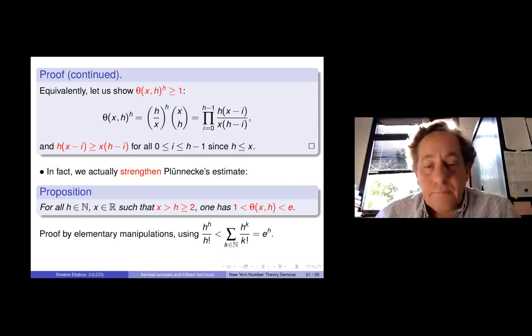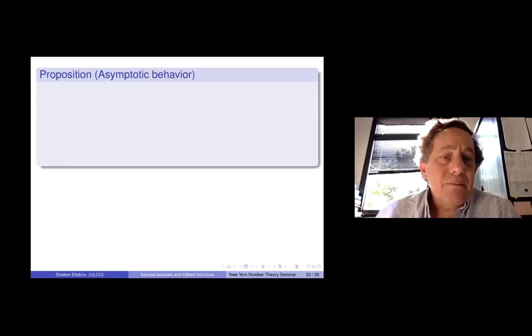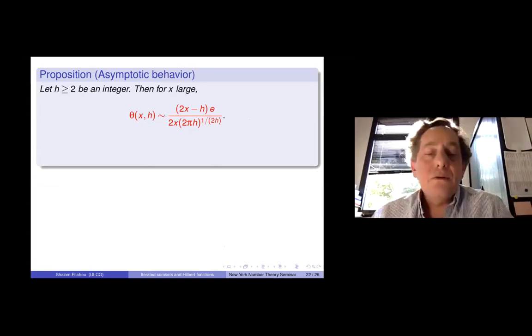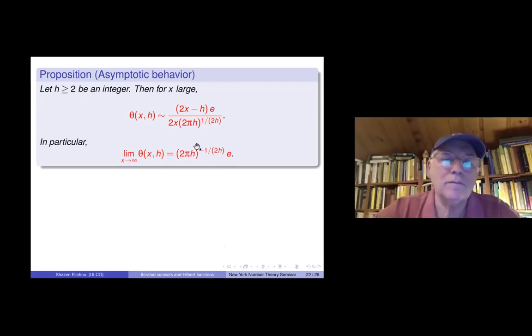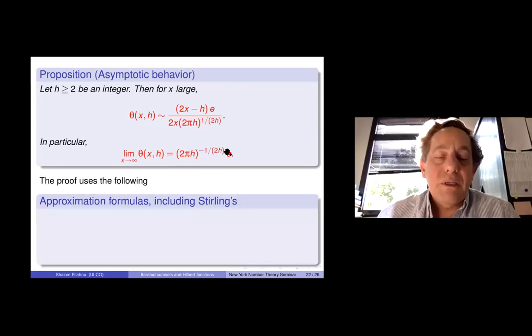Okay, so it's nearly finished, just a little bit about the asymptotic behavior of this factor theta_{x,h}. I claim this is e times the strange thing. And in particular, if you let x go to infinity, then you get this multiple of e, to the power 1 over h inverse.